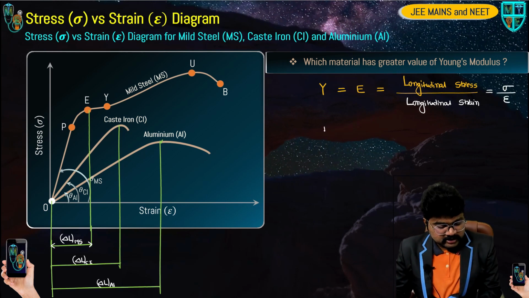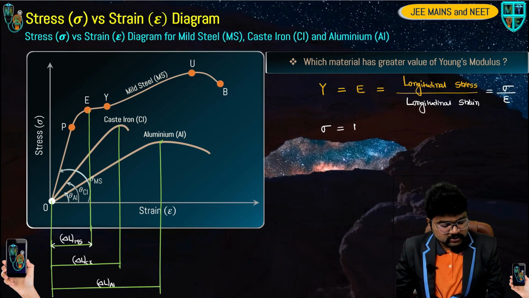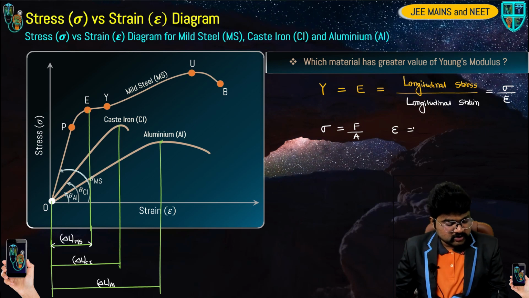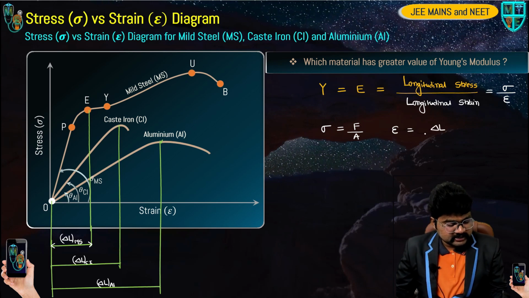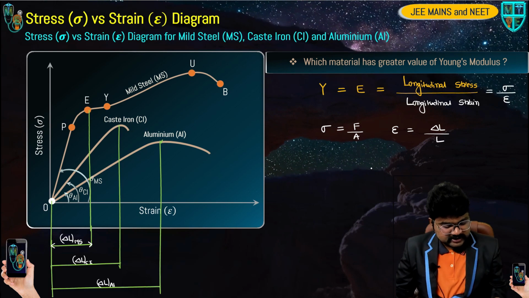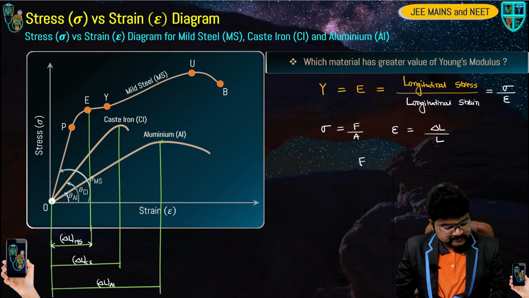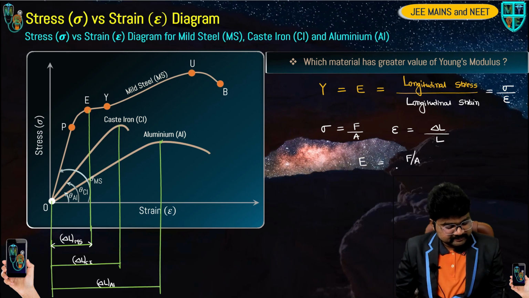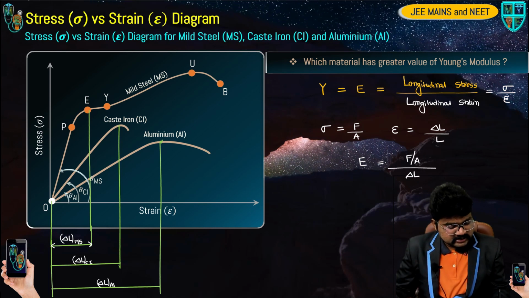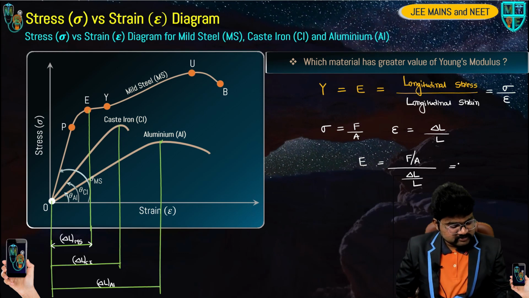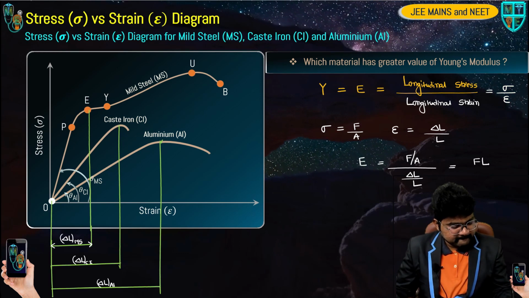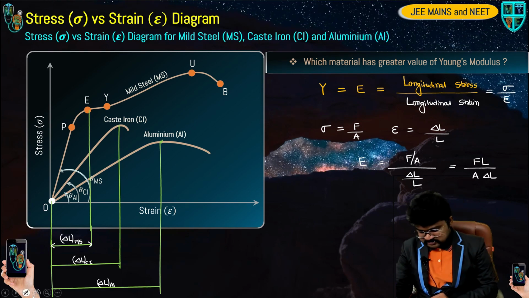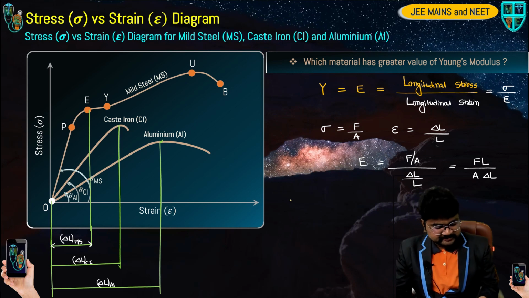Here sigma equals load by area of cross section, and epsilon equals delta L by L. So finally E equals force by area divided by delta L by L. So from here, E equals F L by A into delta L. So what is the elastic deformation?